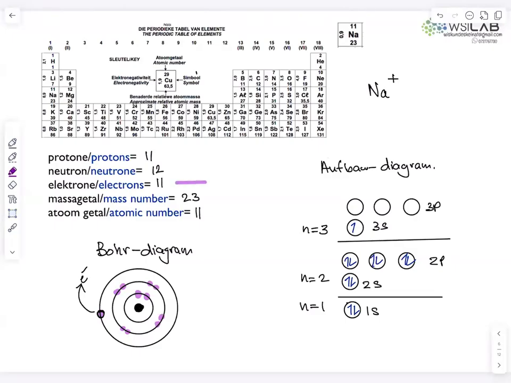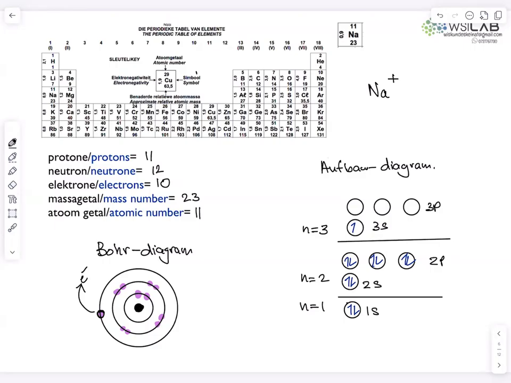So here we'll have 1 electron less, so that becomes 10 electrons. Now we have 1 proton more than the electrons, and that's why we have a positive charge on the sodium.